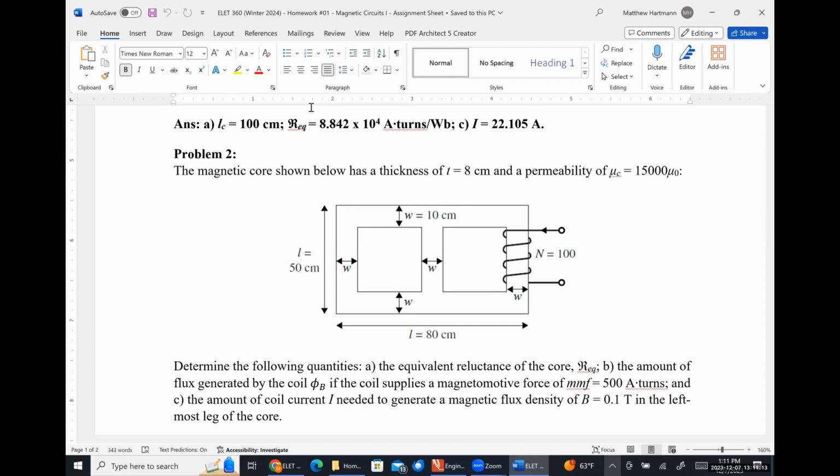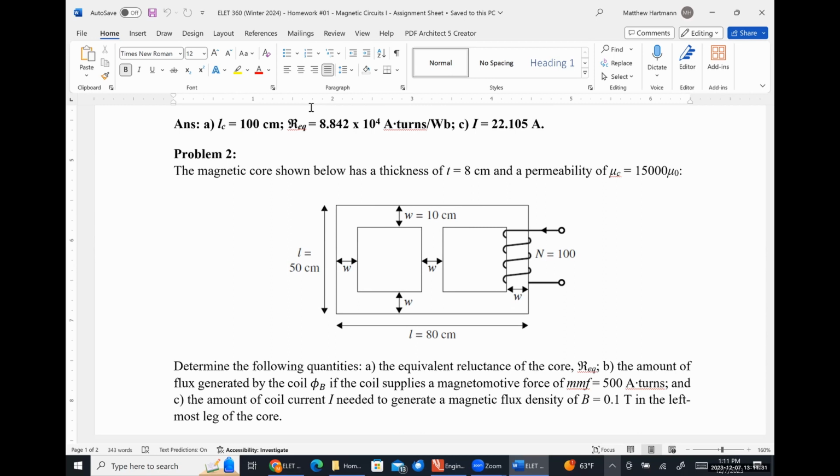That's going to be in parallel with x, so answer times x divided by answer plus x. And then I'm going to add to that x plus 2y. Yeah, I did that.